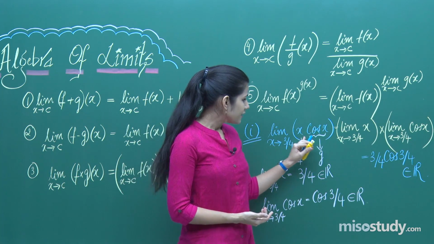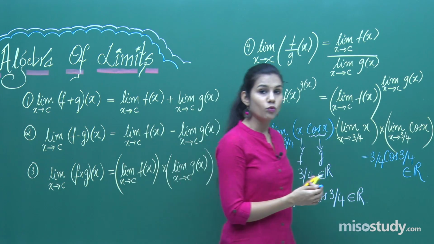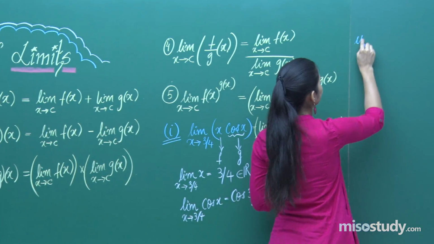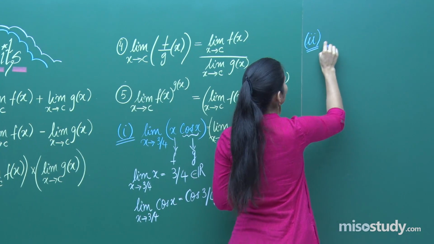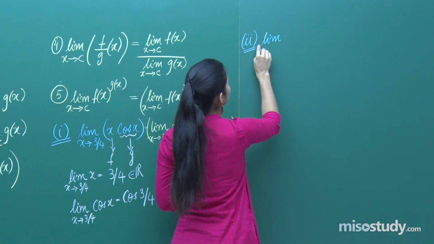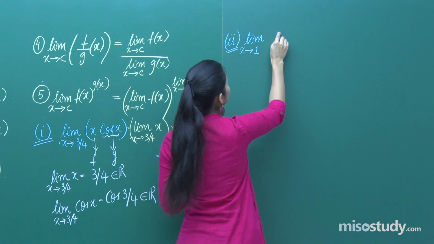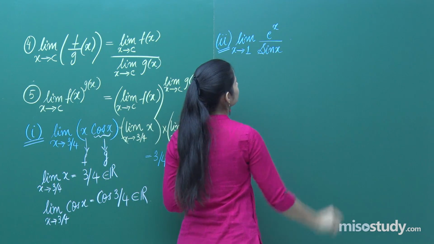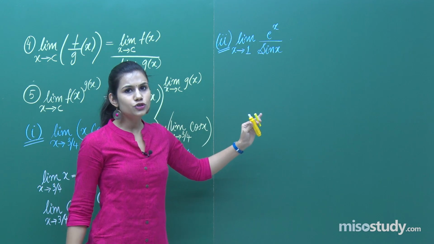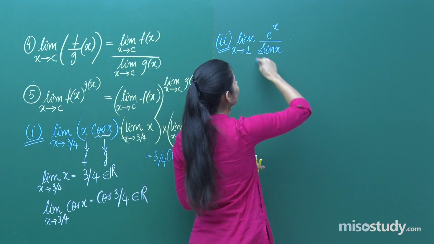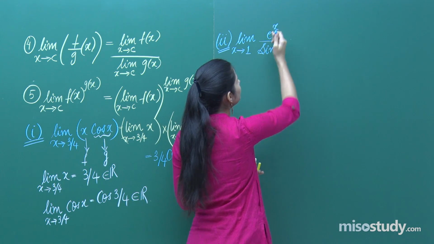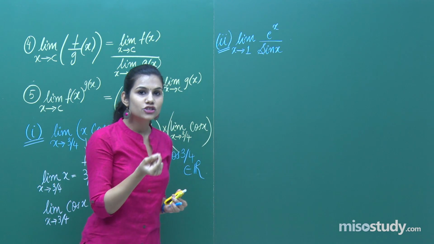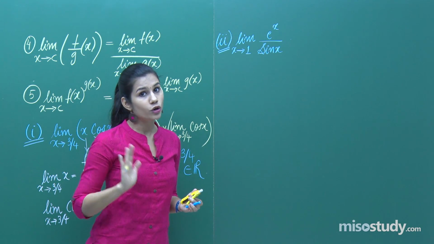If I had something like the quotient, what would I have done? Suppose I ask you to evaluate limit x goes to 1 of e to the power x upon sin x. It's evident to you that this is the algebraic combination of two functions e to the power x and sin x, where the algebraic operation involved is division or quotient.